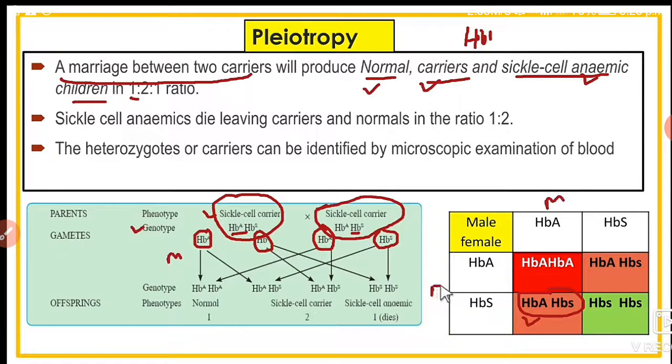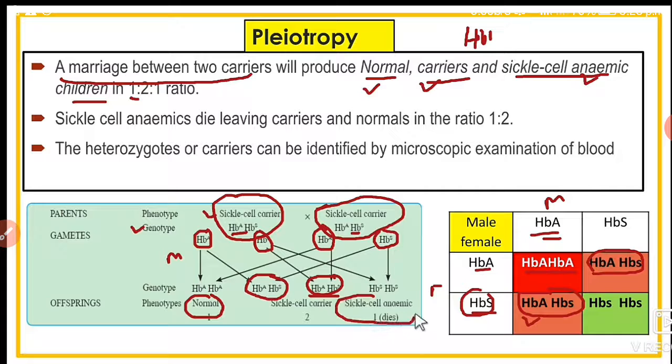Now, after crossing by Punnett square, male and female, HBA HBA is the normal person, HBA HBS is a sickle cell carrier, HBS HBA is a sickle cell carrier, and HBS HBS will produce a sickle cell anemic person, which is responsible for death, and it is called the lethal gene.